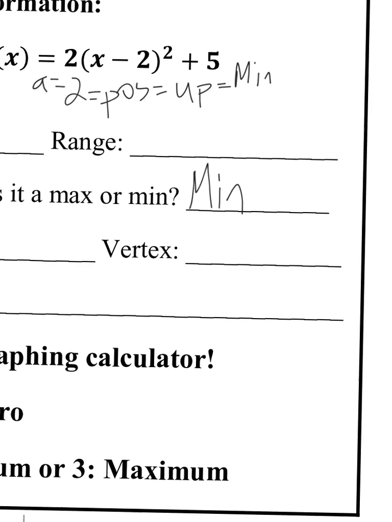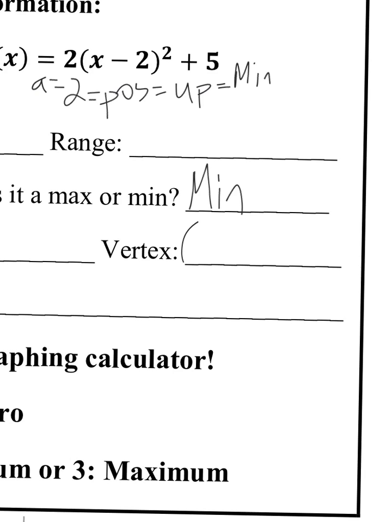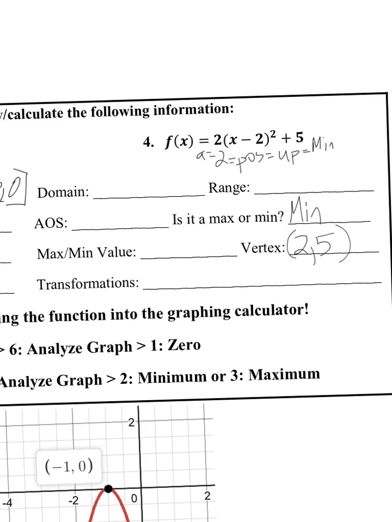Now, where's the vertex at? The vertex is at h comma k, and h is the number on the inside, but the opposite sign, so it says -2, so I'm just going to say 2. And then on the outside, it's just regular k, so 5. So that means my axis of symmetry is x equals 2, and my min-max is y equals 5. All right?